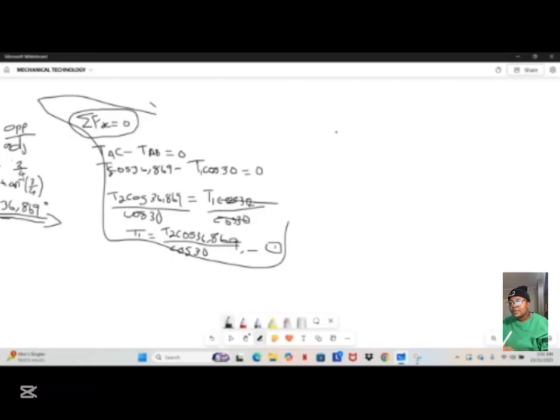We are going to start by saying that the sum of forces which are vertical is equal to 0.